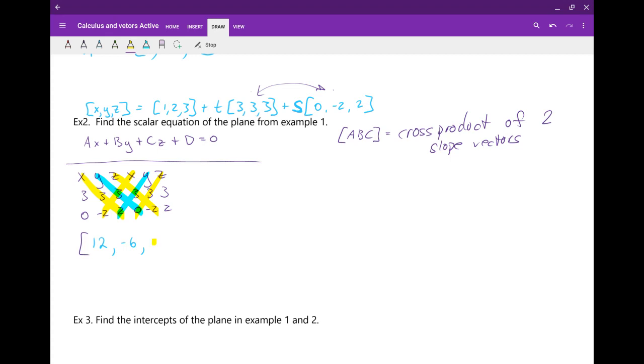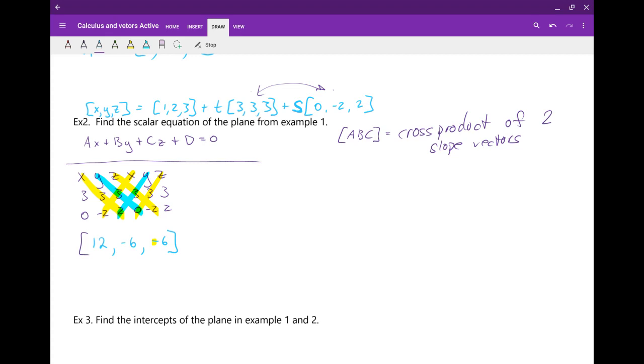So that would be a -6 here. There, this is my ABC vector. Spectacular, all right? Which is the cross product of the two slopes. It's pretty cool in the end.